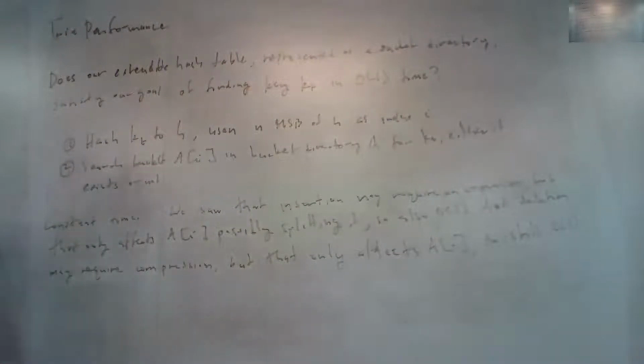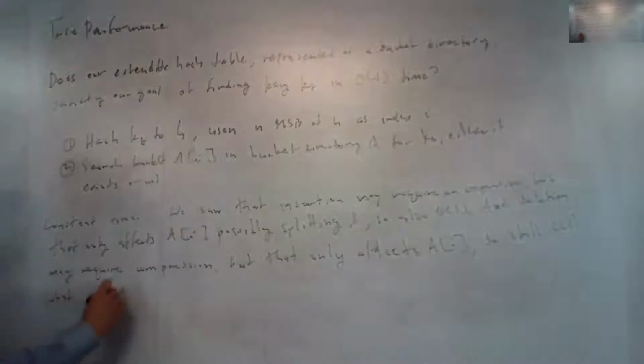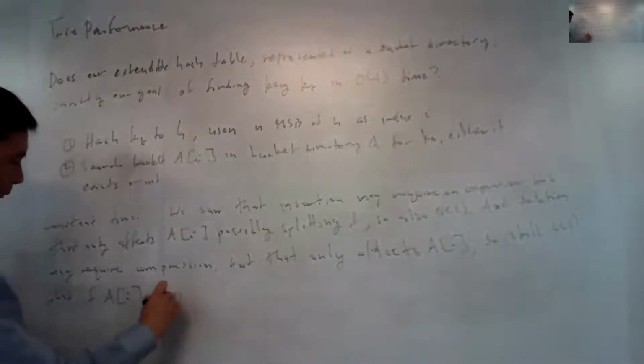There is one thing that I haven't mentioned though, which is that what happens if the bucket directory doesn't fit in memory? Because it's possible, right? So right now we're assuming that the bucket directory fits in memory, but it may not. So you might ask, what if A sub i doesn't fit in memory?